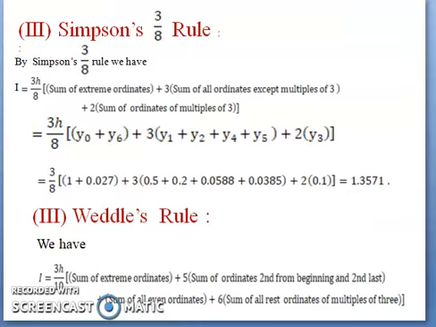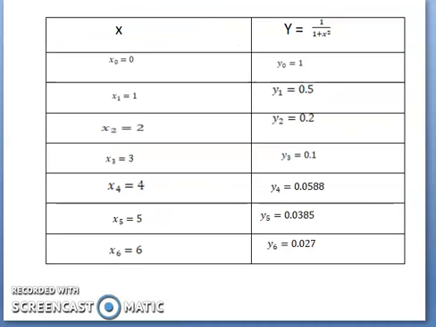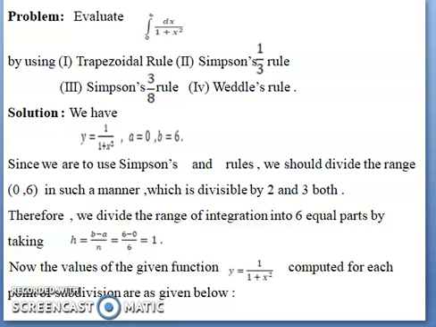Now again I repeat from the start to the end. As we have to use Simpson's 1 by 3rd rule, trapezoidal rule, Simpson's 3 by 8 rule and Weddle's rule. First we look at the function y equals 1 by 1 plus x square, lower limit is 0 and upper limit is 6.